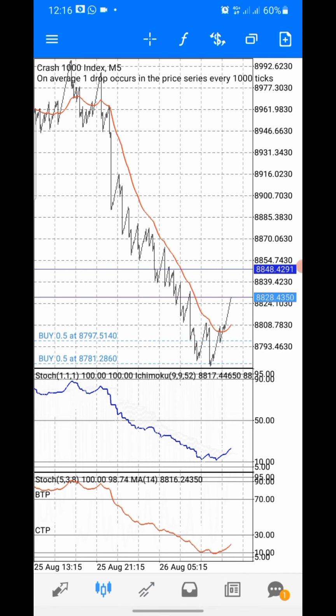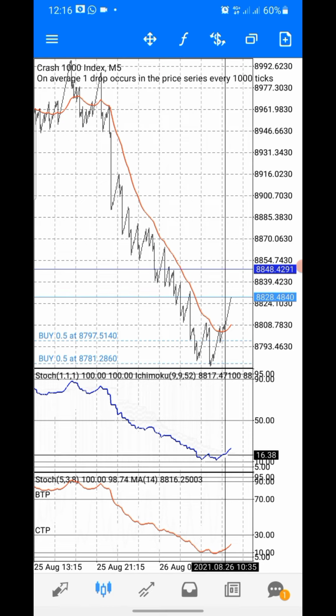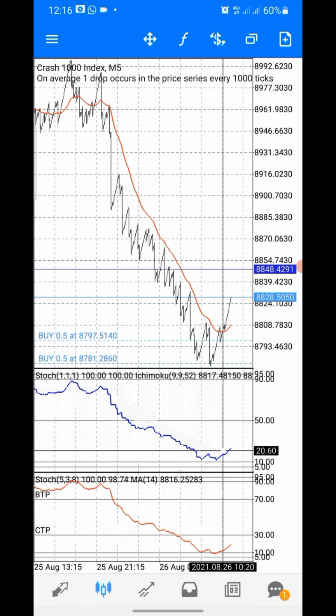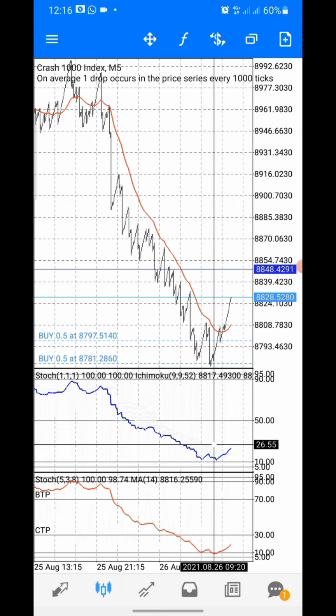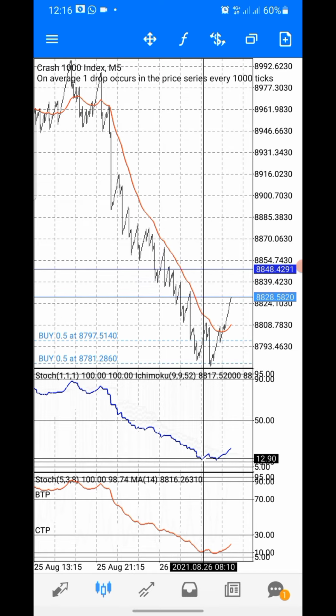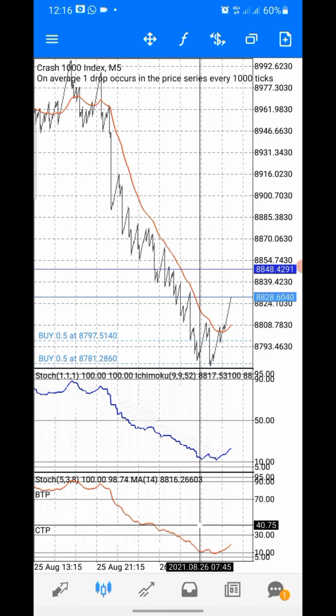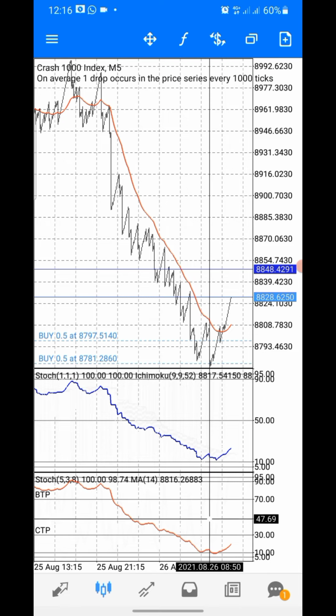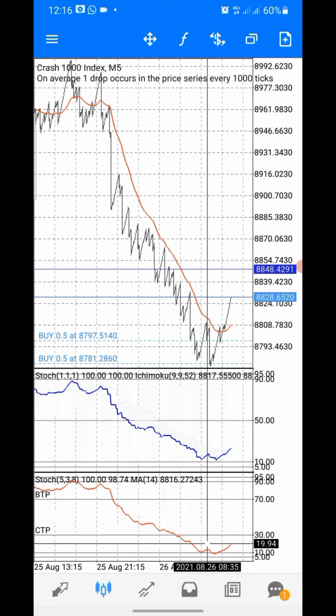Now for you to buy Crash 1000 or Crash 500 using this strategy, what you have to do is to wait for the Ichimoku to be at the 10 stochastic line, and for the moving average to also be at the 10 stochastic line. It's the reverse of the spike catching strategy.